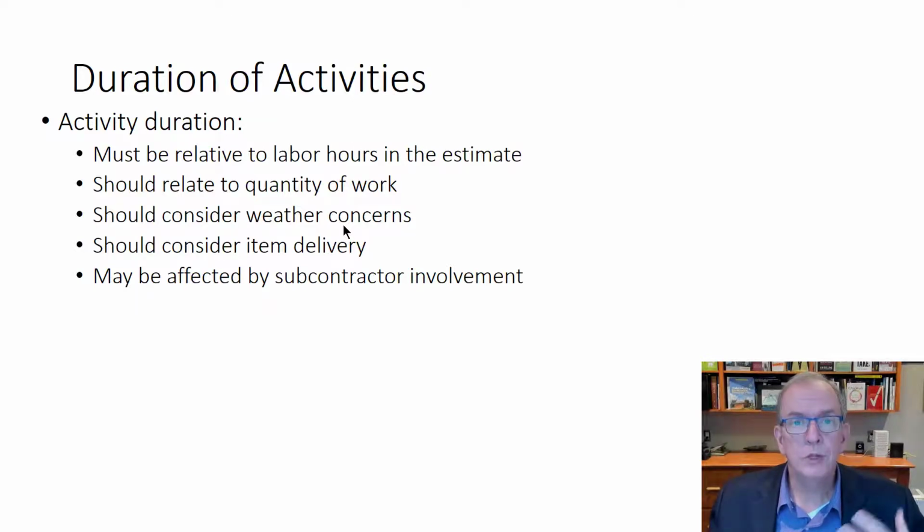You're going to have interruptions because of weather more likely in January than you would say in June. So you have to consider weather, and consider if there are any long lead items, things that you need to order a long time ahead, like roof trusses or a chiller unit in a commercial building, and also how that may be affected by subcontractor involvement.